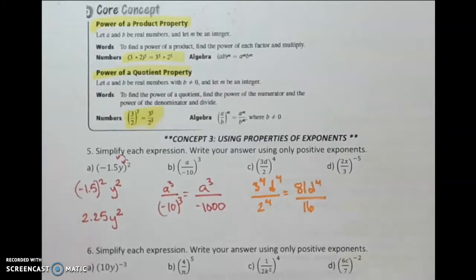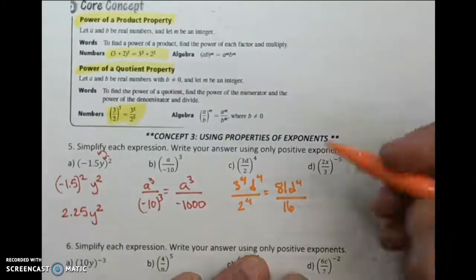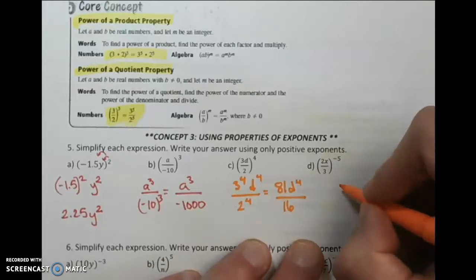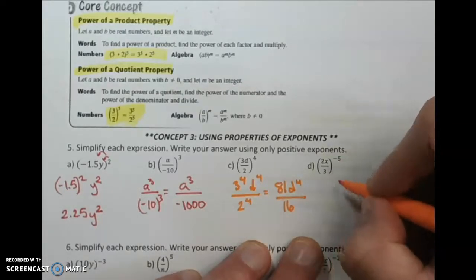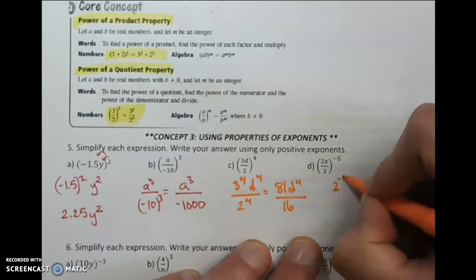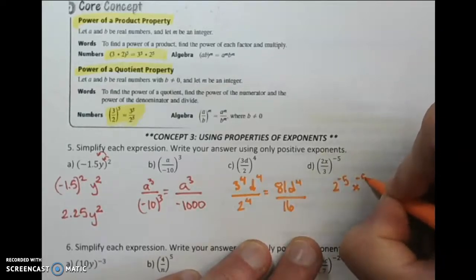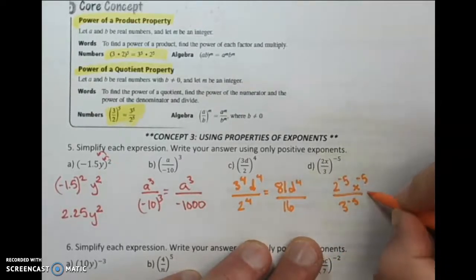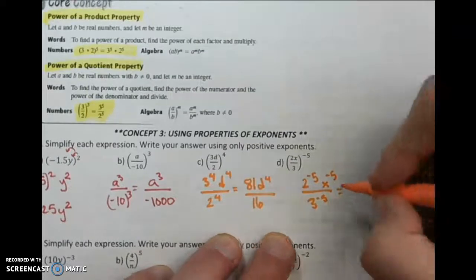Okay, and the last one here, 2x over 3 to the negative 5th power. So again, I'm going to basically distribute that. There's a couple ways you could go about it, but 2 to the negative 5th power, x to the negative 5th power, 3 to the negative 5th power. And if I have a negative exponent, I'm really taking the reciprocal, so I'm going to flip this.